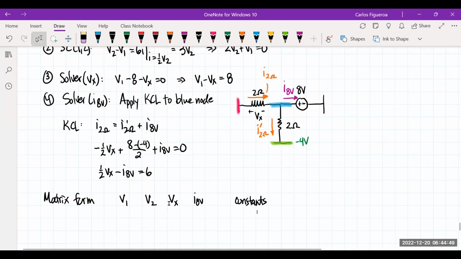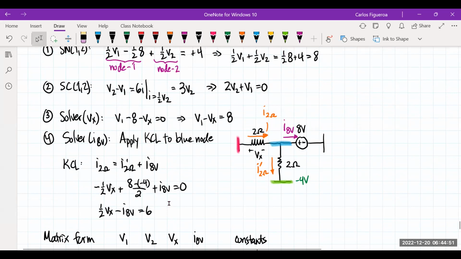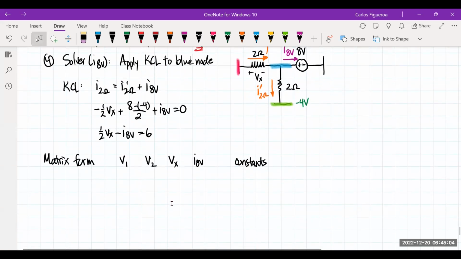So I'm going to look for V1. There's V1 right there, and V1 right there, and then there's 0 here. So you can see I get 1/2, 1 and 1. So I'm going to get 1/2, 1, 1, 0. That's the start of my matrix.